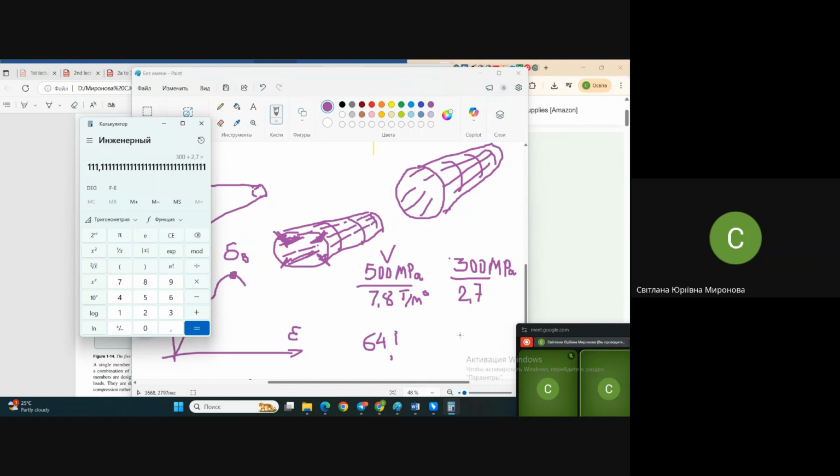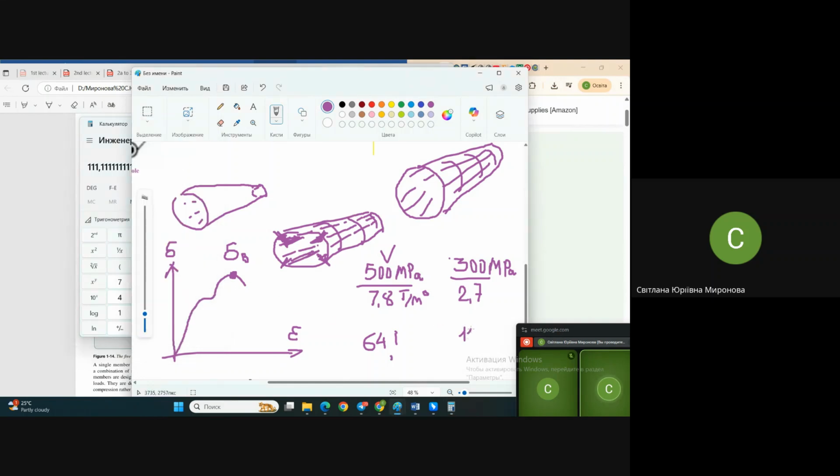Look, the absolute value of strength of aluminium, of course, is less, but comparatively to its weight, aluminium seems to have more strength for the same weight. It's the so-called specific strength with respect to the weight of material itself.